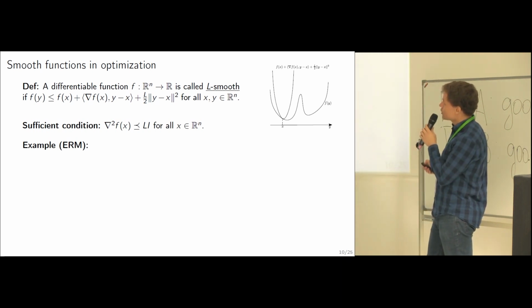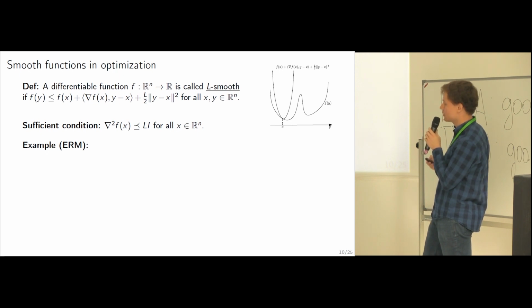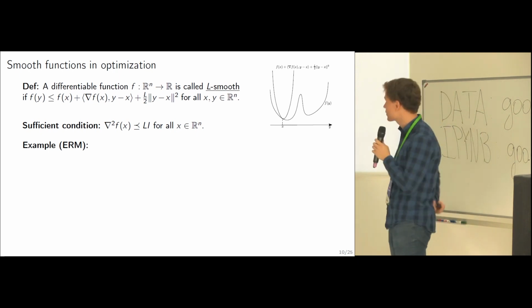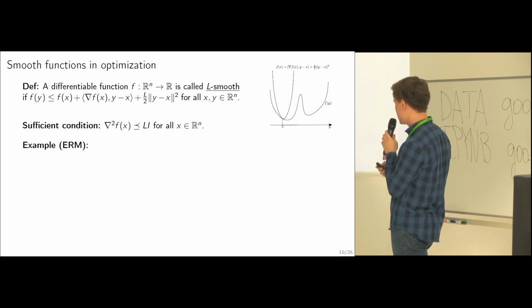A sufficient condition for this is quite simple. We see that this is the first order Taylor approximation of our function, and if we consider the second order Taylor approximation, and if our function is twice differentiable and its second derivative, its Hessian, is uniformly bounded by this constant L, then this will be true.